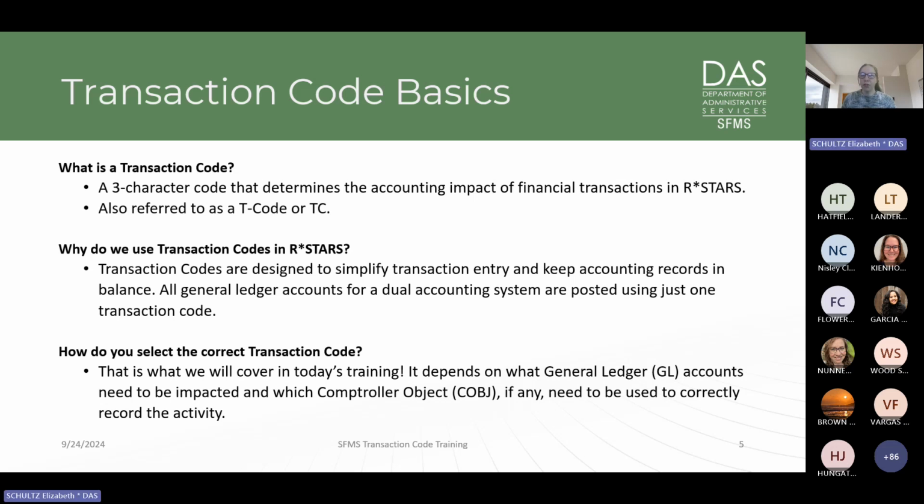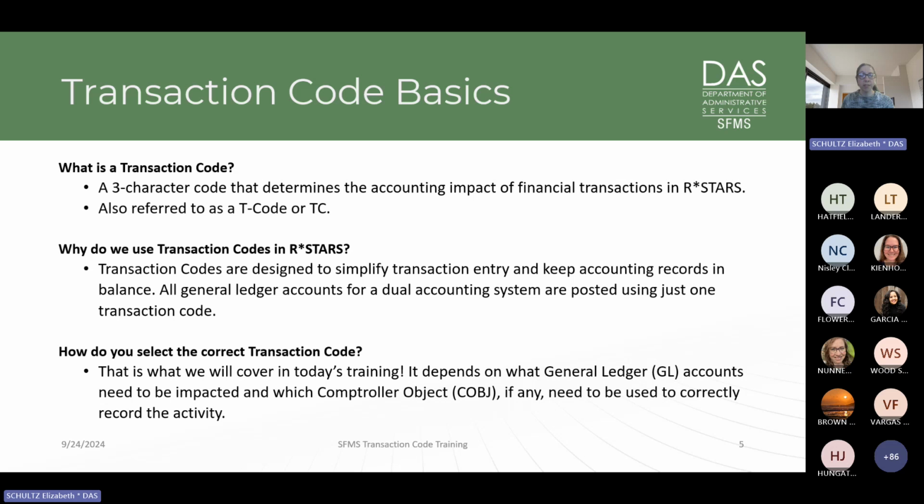So the question comes up pretty frequently of how do you select the correct transaction code to use? Transaction codes are specific to R-stars. We have a lot of different T-codes that are available. So we're going to be talking about that today, of how do you find the correct T-code to use. You may already know if it's a transaction you routinely record.